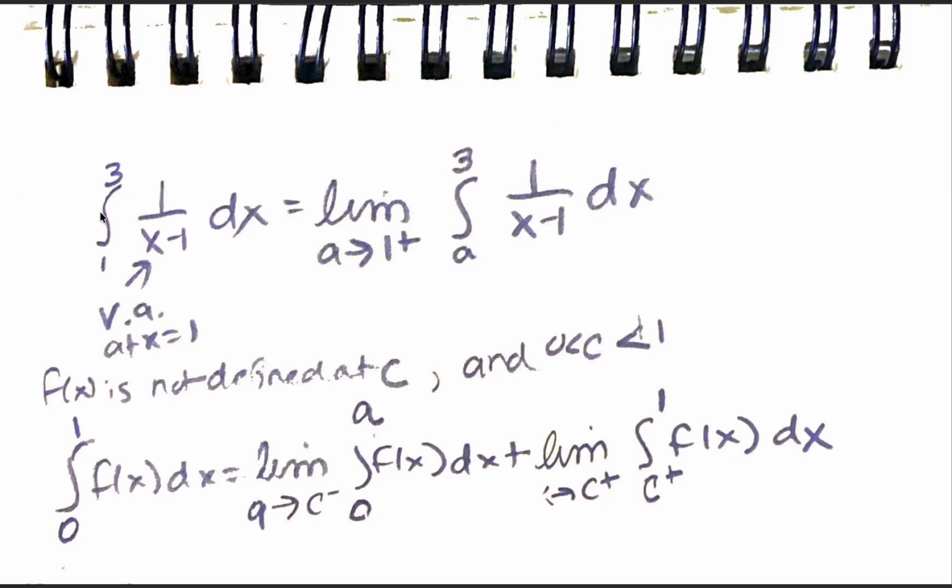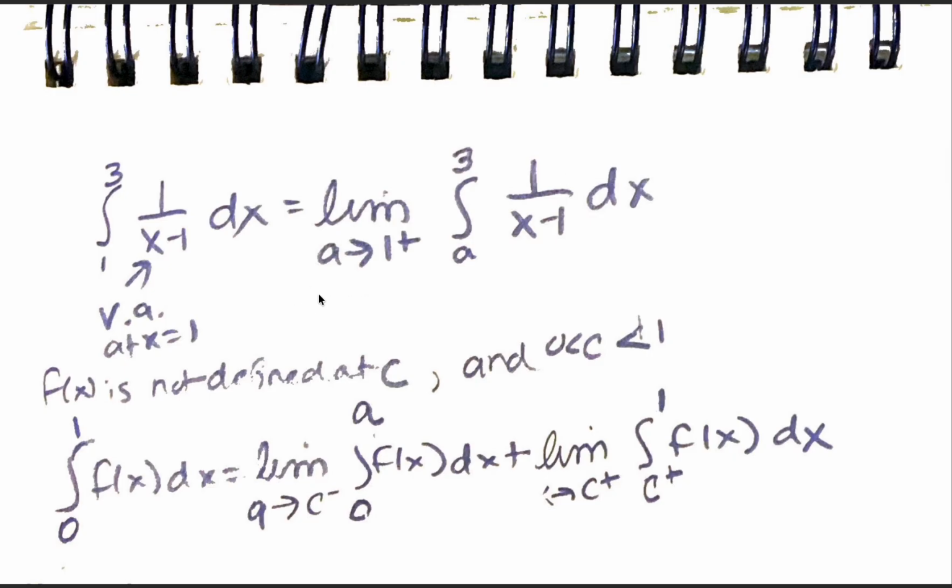An example will be the integral from 1 to 3 of 1 over x minus 1 dx. Notice we have a vertical asymptote at x equal to 1. Therefore, in order to integrate that, we have to reshape. The limit as a goes to 1 from the right side of the integral from a to 3 of 1 over x minus 1 dx.